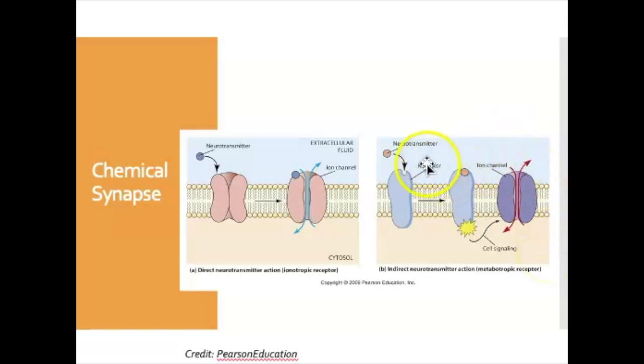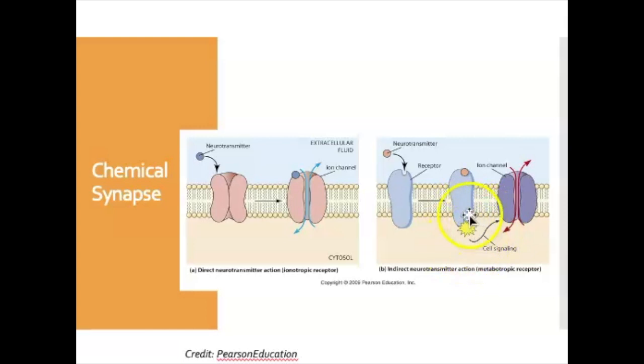So in the synaptic cleft, the neurotransmitter, shown in orange, is going to bind to the receptor and cause it to change shape. But this receptor is not an ion channel. When this receptor changes shape, it activates some other molecule.